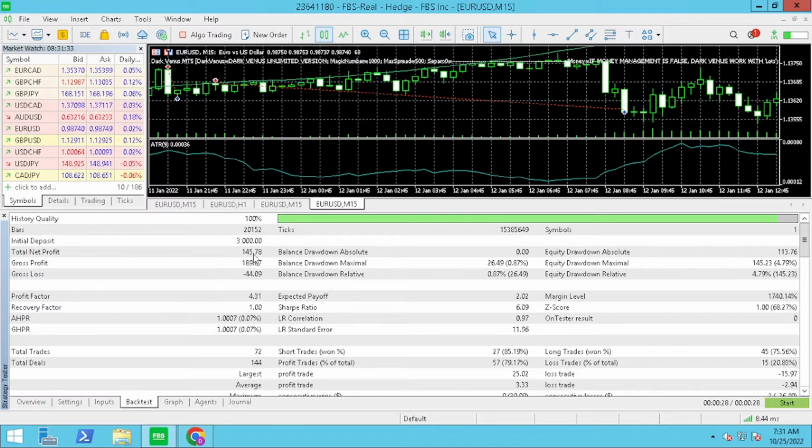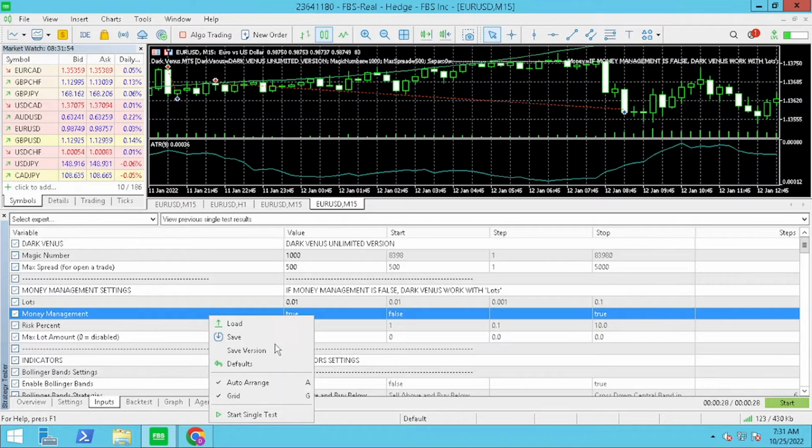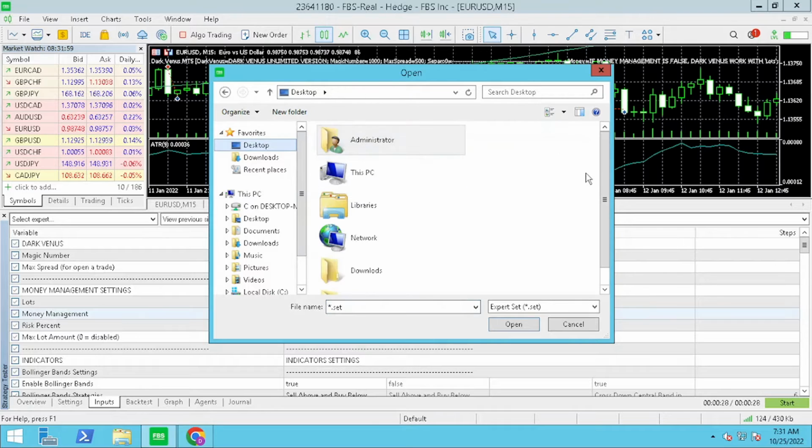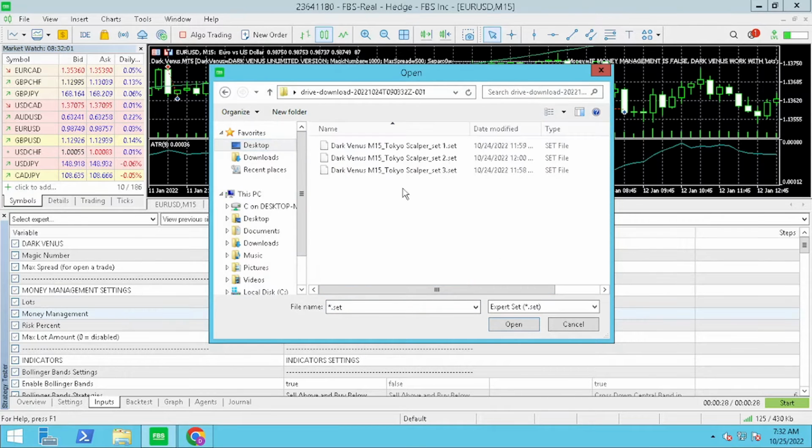Total result is about a 5% return and a 5% equity drawdown. Our profit factor is 4.31, with the average profit $3.33 and the average loss $2.94, with a percentage of 79.17.